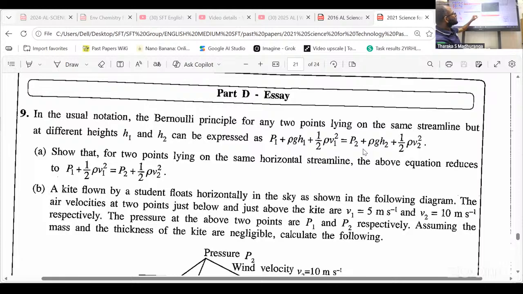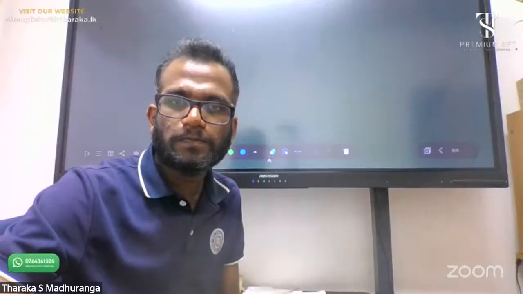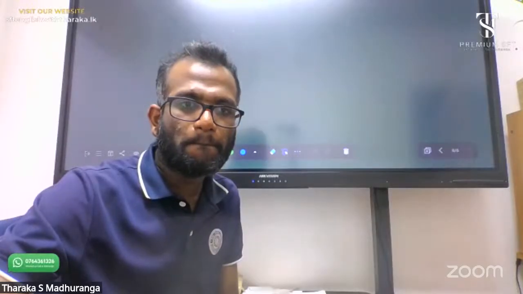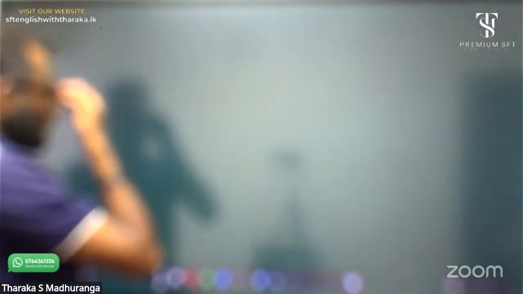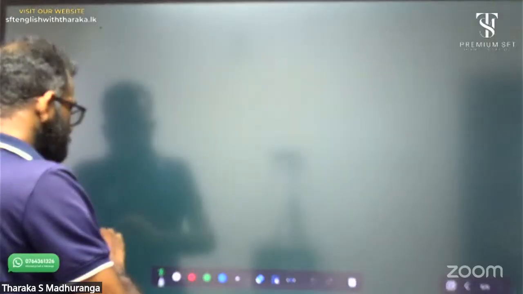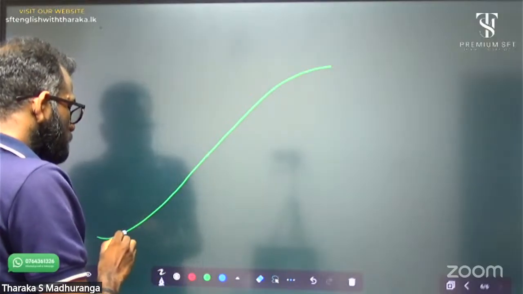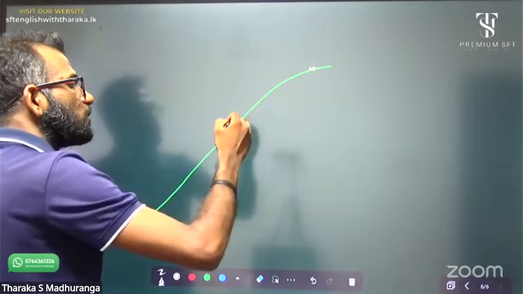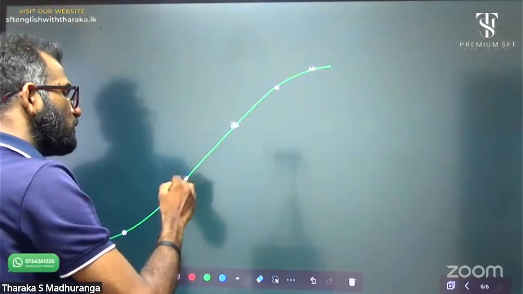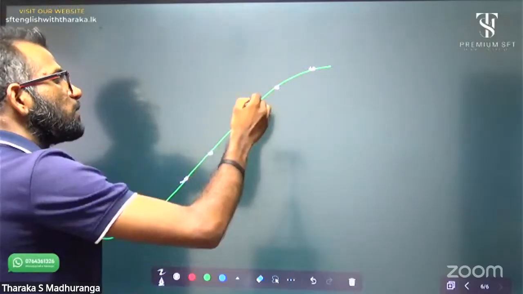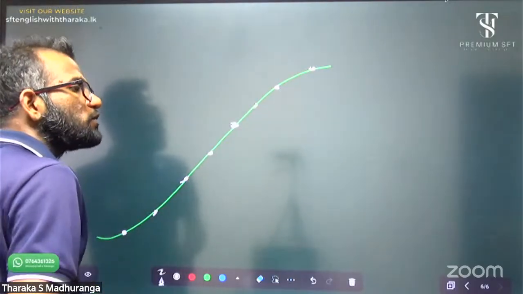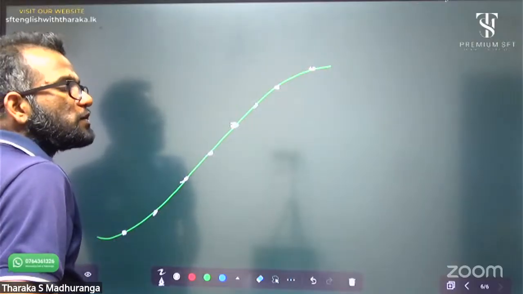It means that on the same streamline, at any point, the pressure plus the kinetic energy per unit volume plus the potential energy per unit volume, the summation, is constant.